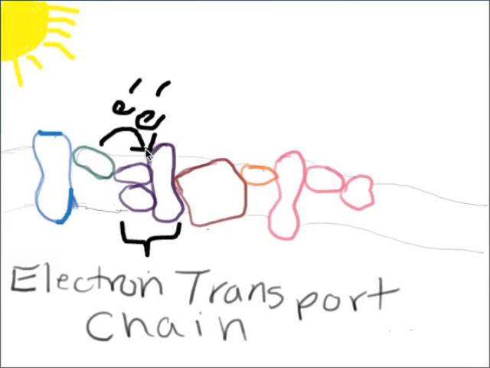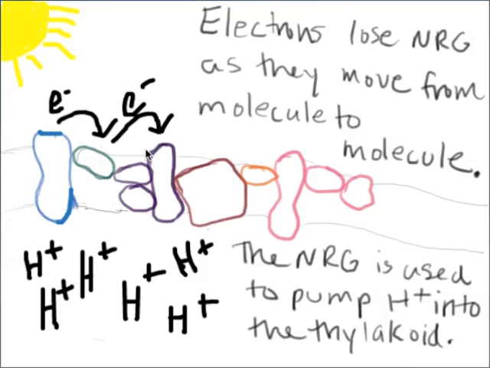As the electrons move through the electron transport chain, they lose energy. Since energy cannot be created or destroyed, that energy has to be used for something. And the energy that the electrons lose as they are transferred from molecule to molecule of the electron transport chain is used to pump hydrogen ions into the thylakoid.